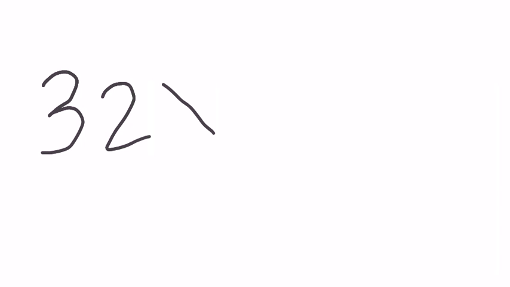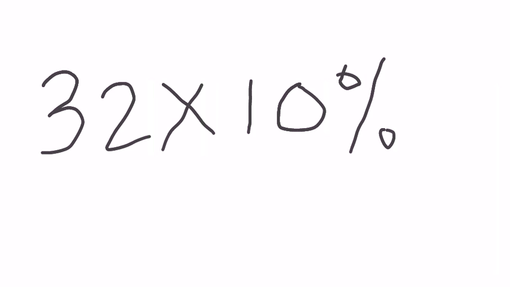So we would say, what is 5% of 32? Can you do that calculation really quick? Yes, because first thing you will do is, and this is all going in your head, you would say, what is 10% of 32, which is 3.2, and then what is half of it?